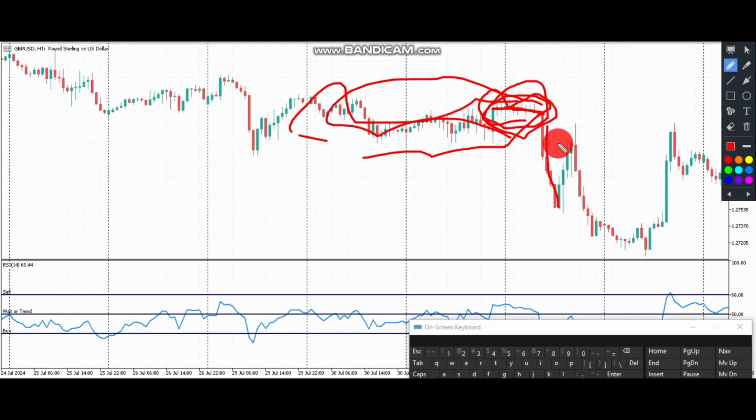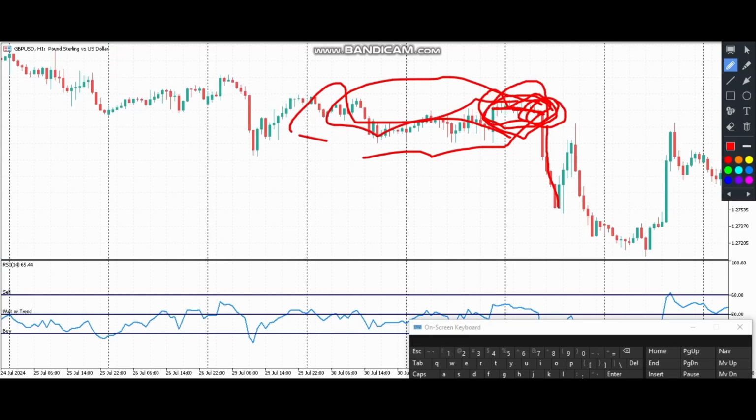If you go to a lower time frame, you will see a very clear chart pattern here. This chart pattern is what will tell you that the market is actually ready. This can be candlesticks, market structure, indicators, moving averages, etc.